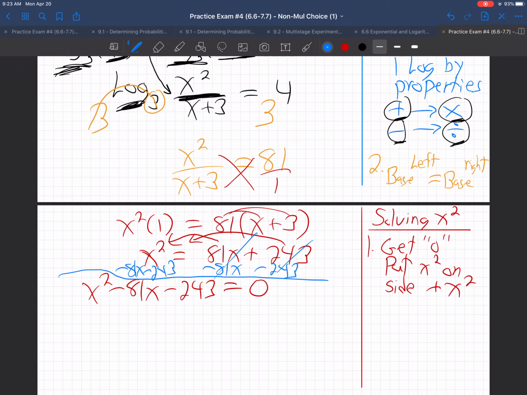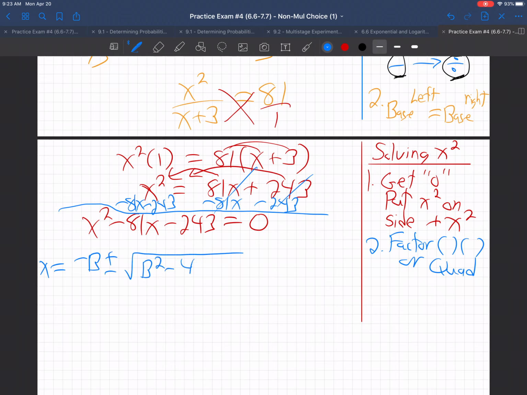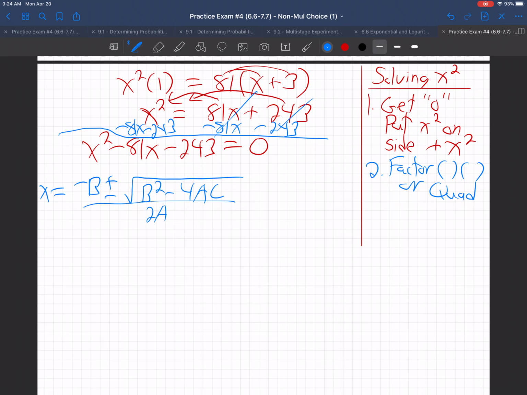Okay, so what do we do now? Well, step 2, you can factor, with parentheses, or you can do the quad. Either way, you can factor or you can do the quad. So I'm just going to go ahead and jump into the quad right now. Remember, the quad is x equals negative b plus or minus the square root of b squared minus 4ac all over 2a.